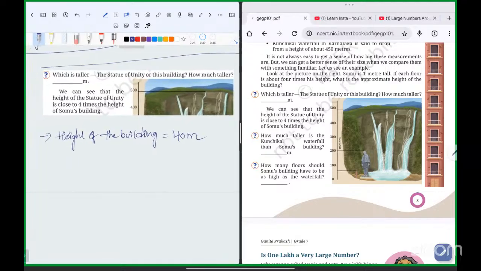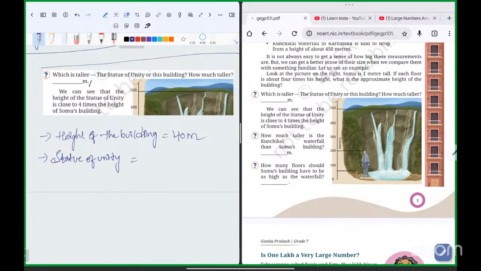So we need to compare that building height to the Statue of Unity, which is given in the question. To compare both heights, we need to know the height of the Statue of Unity too. Until here we do not have the information to find which building is taller, because we don't know the height of the Statue of Unity.